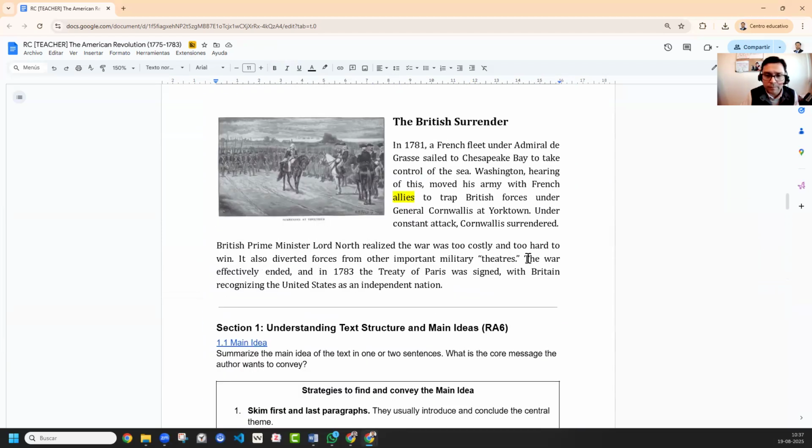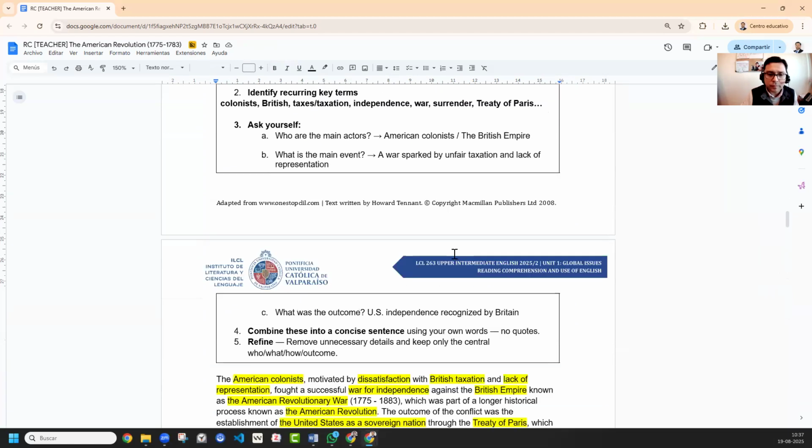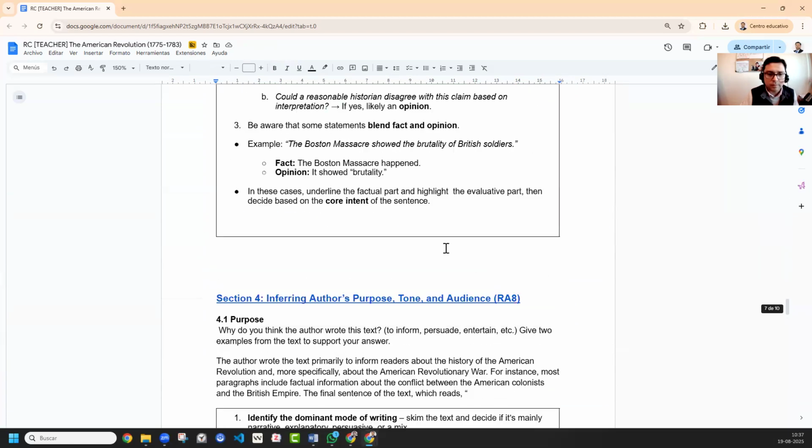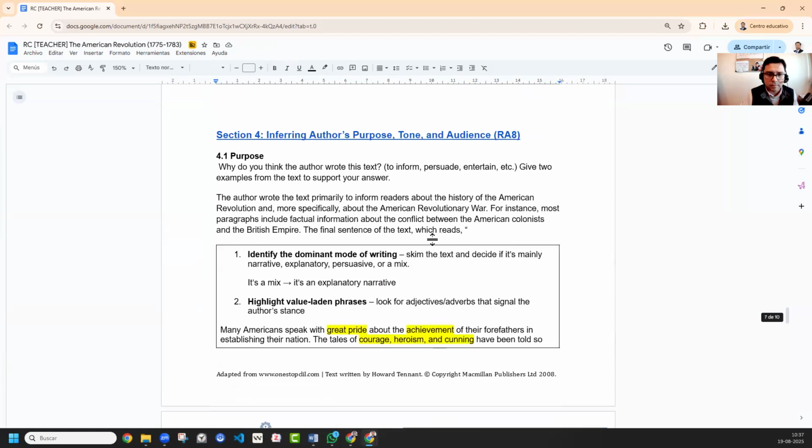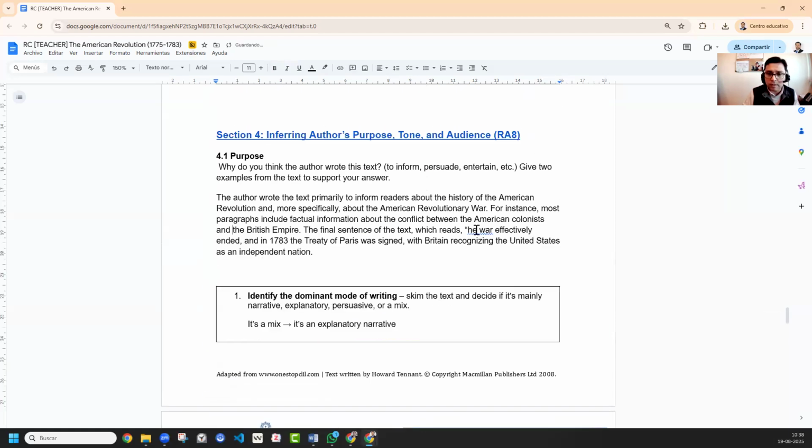The war, okay. Which reads, okay, we're missing the letter T there. The war effectively ended.